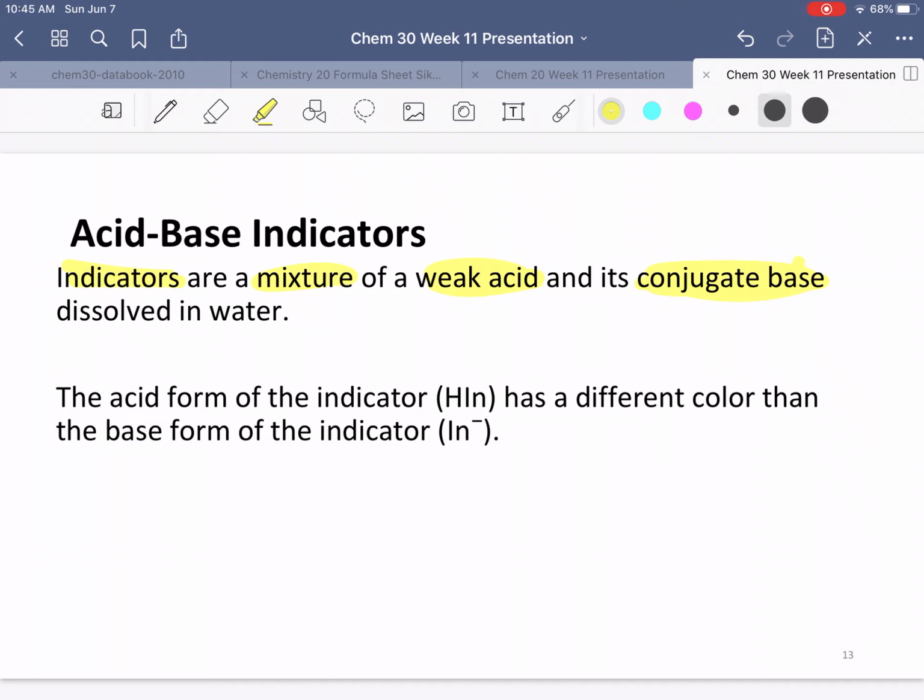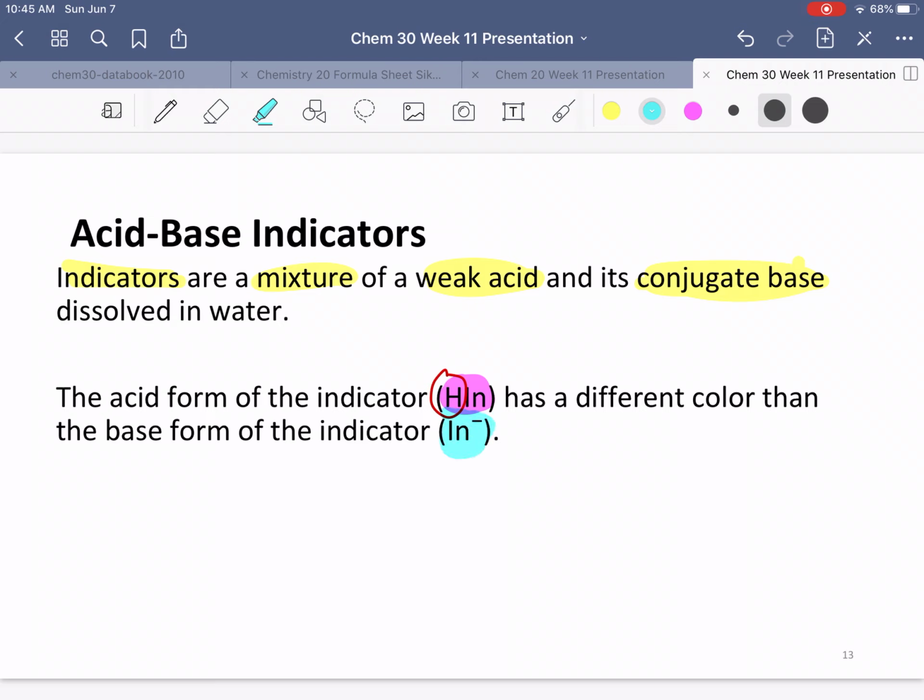Now we've got two forms of indicators that are recognized. This is one form, and that's the acid form. Why? Well, think about what we talked about in the previous podcast with the Bronsted-Lowry acids and Bronsted-Lowry bases. The definition of a Bronsted-Lowry acid is something that can donate a proton. So naturally, this is the form that has a proton to donate. Vice versa, the base form of the indicator we represent this way.